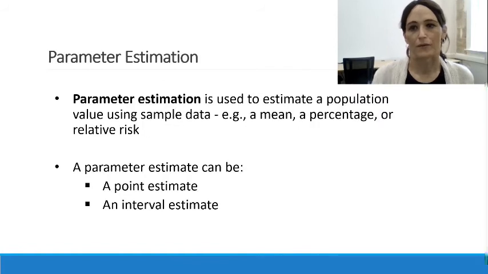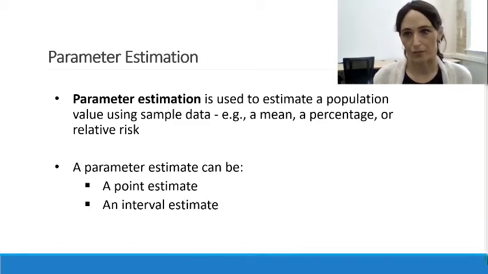So when we talk about parameter estimation, we never have an exact quantity for the population like we do with a mean, where it represents actually the mean in our sample. Parameter estimation is used to estimate a population value using our sample data. So a sample mean, a sample percentage or proportion, we might calculate a relative risk or an odds ratio.